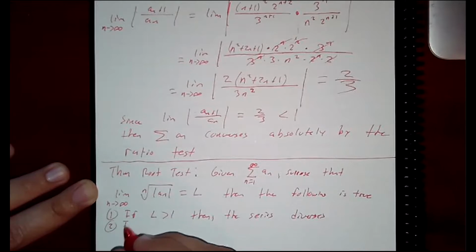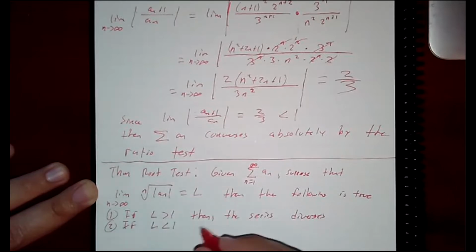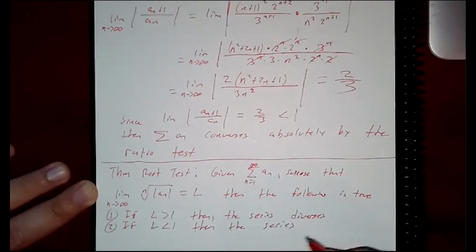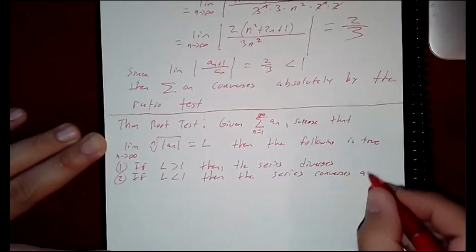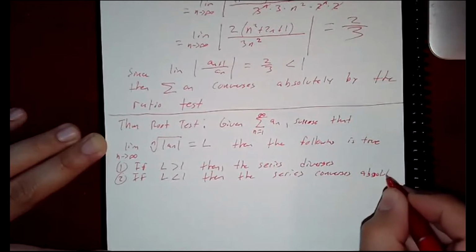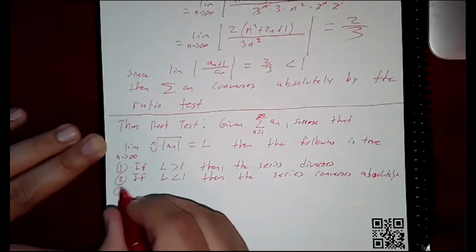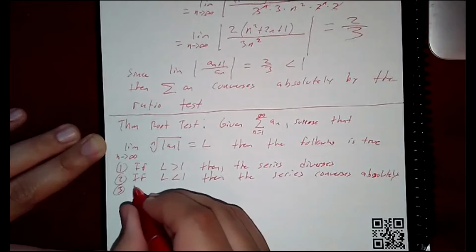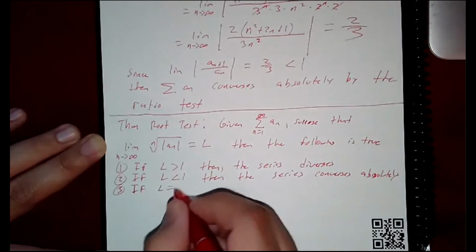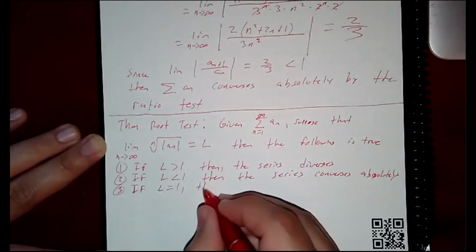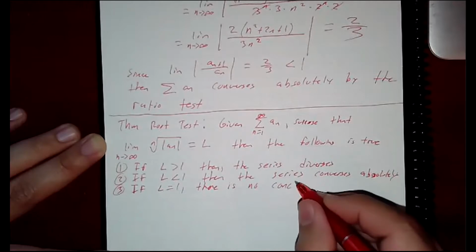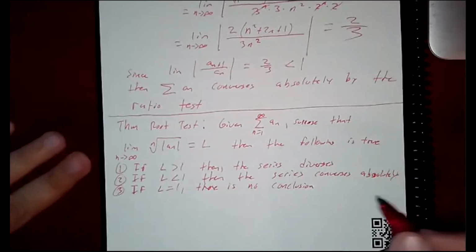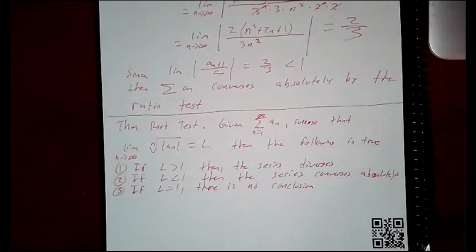Number two, if L is less than 1, then the series converges absolutely. Number three, if L is equal to 1, there is no conclusion. You have to do a different test.